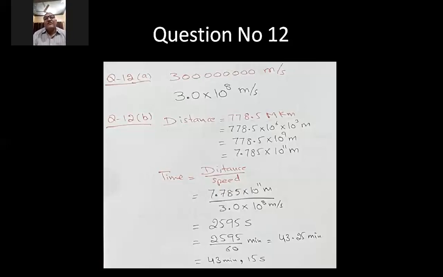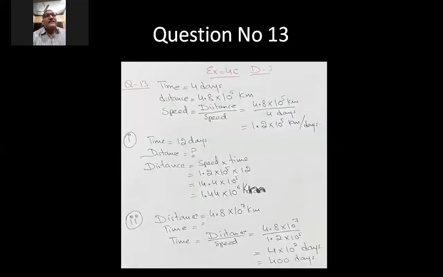So 2595 divided by 60, your answer is 43.25 minutes. This 0.25, you just multiply it with 60 and you get 15. So the total time taken is 43 minutes and 15 seconds. That is how you do the question number 12. Hopefully you understand.